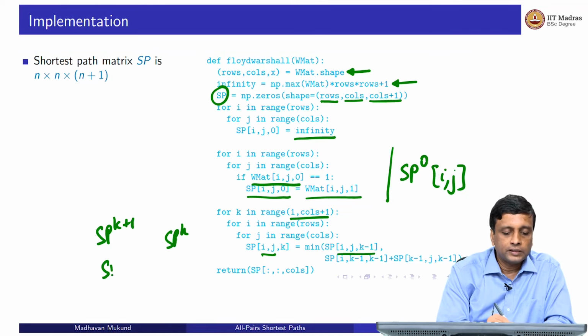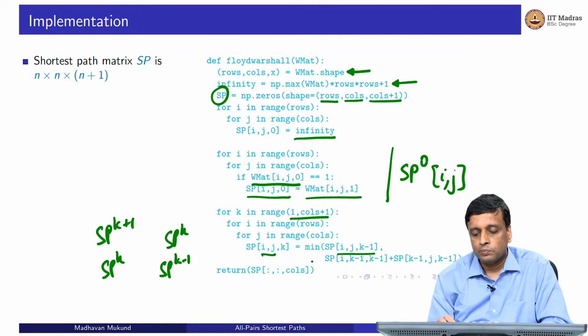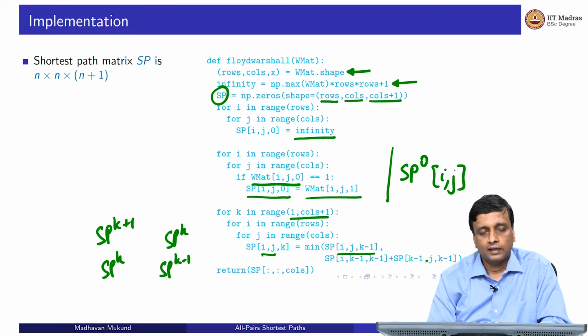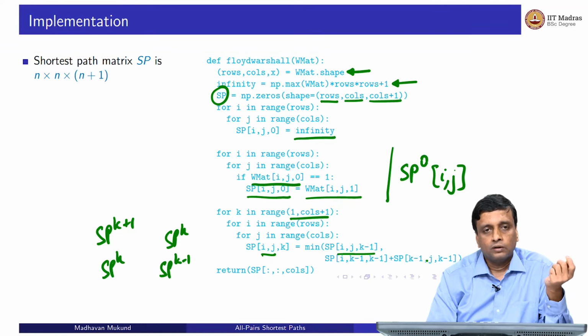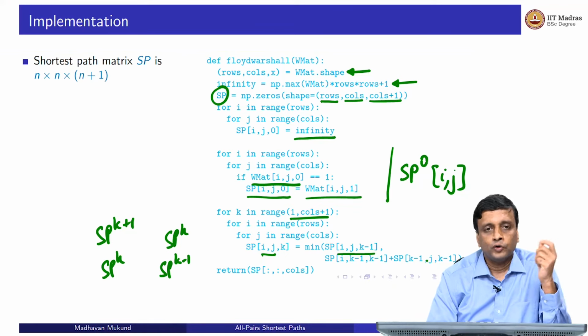Here we are talking about SP k in terms of SP k minus 1. So SP k minus 1 of i j, or SP k minus 1 of i k minus 1 plus SP k minus 1 of k minus 1 j at level k minus 1, right? So this is either you have a new path whose weight is shorter going through the new vertex k minus 1, or you have the old path which did not need it at all.